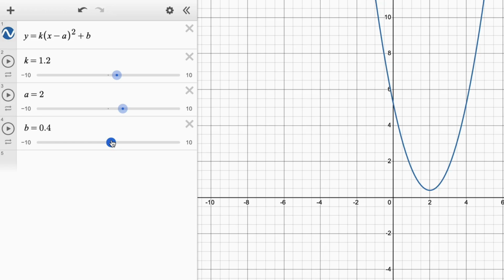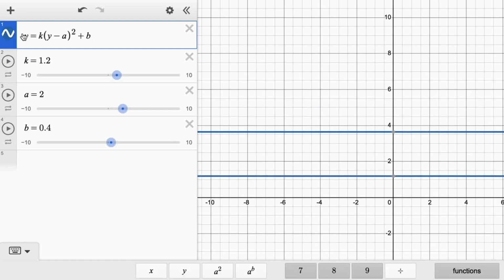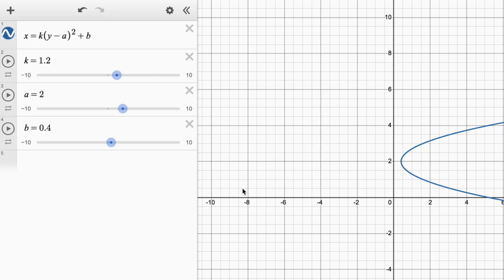Something else to note is that if we want to make it face another way, we can flip it around like so. Now basically our y-axis has become our x-axis because we have replaced them, and our x-axis has become our y-axis.